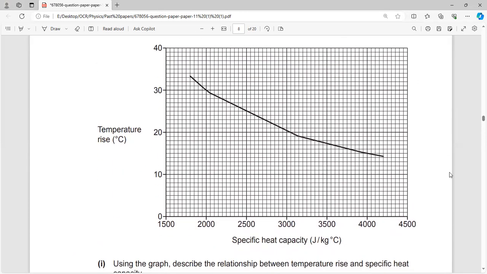Here the graph starts after 1600 of specific heat capacity. To get an idea about plotting, here we can see the specific heat capacity value of 16. First we will draw an arrow from the 16.